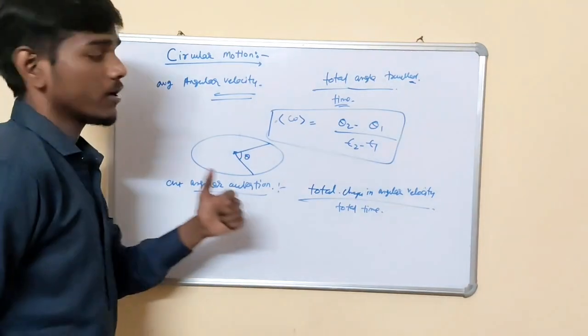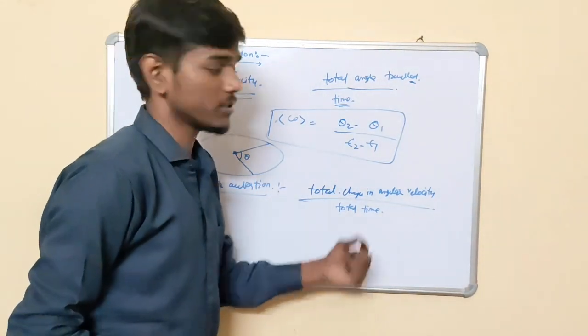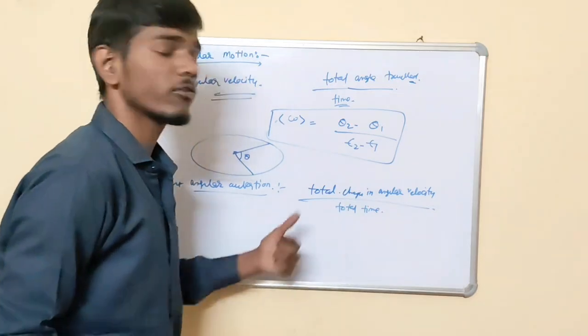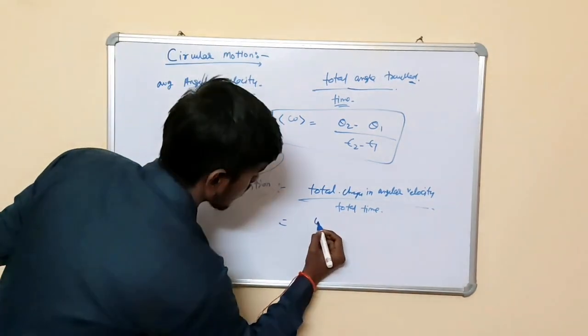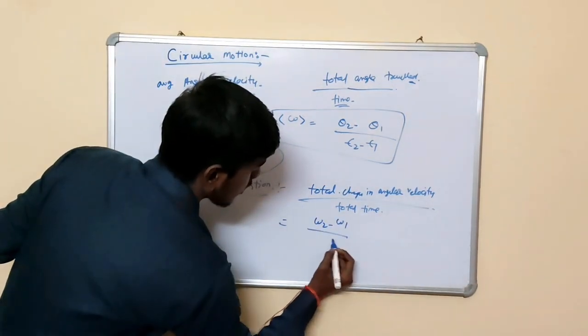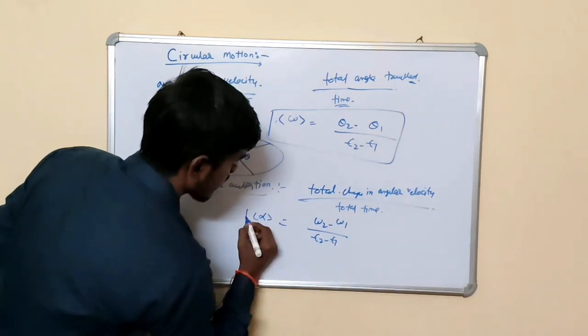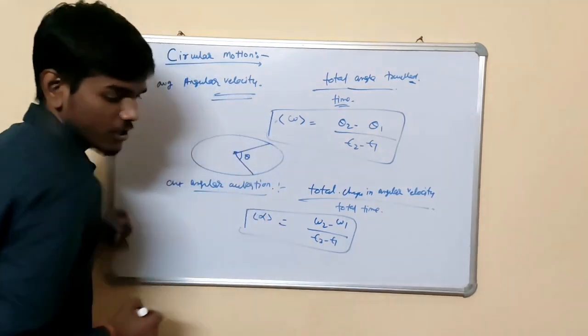Suppose at time t1 the angular velocity of the particle was omega 1, and at time t2 the angular velocity was omega 2. So we will subtract omega 2 minus omega 1 upon t2 minus t1. This will give us our average angular acceleration.